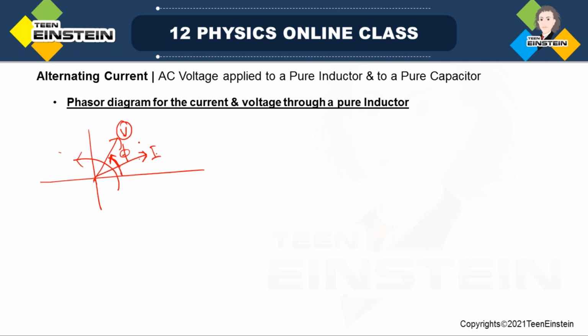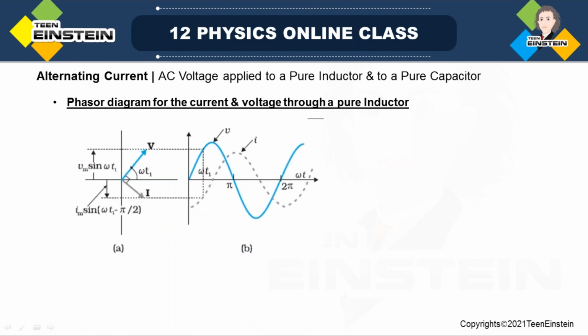Okay, so this is how we represent the current and voltage in the phasor diagram for a pure inductive circuit. This figure has been taken from your NCERT textbook. As I said, I'll write the voltage. What we know, the voltage is Vm sine omega t.